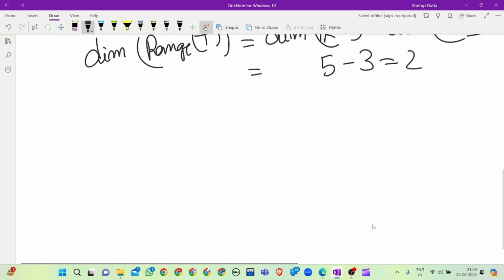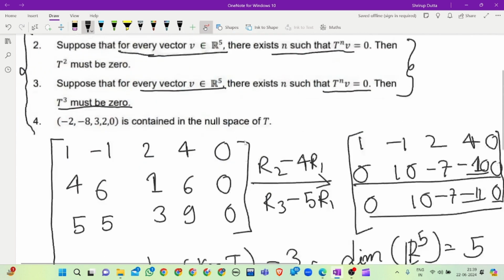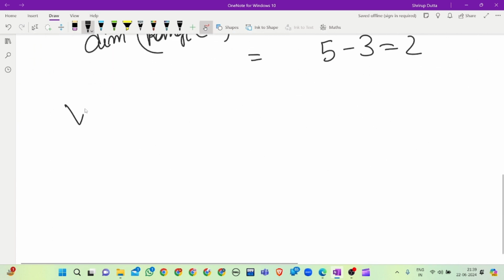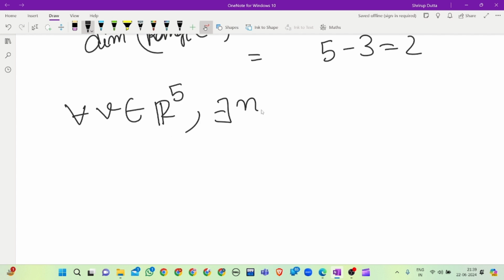Given that for all V in R to the power 5 there exists n, we will take the least positive integer n such that T to the power n of V is 0.